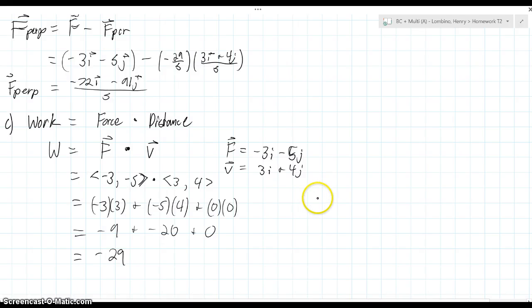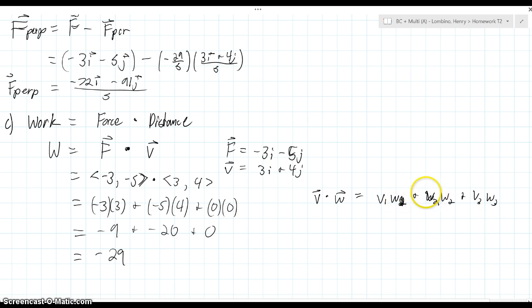It's using the algebraic dot product, which states that the dot product of V and W equals V1 times W1 plus V2 times W2 plus V3 times W3.